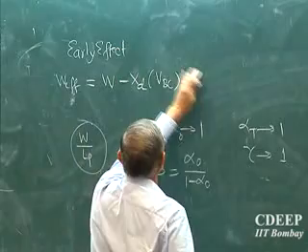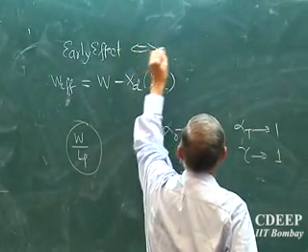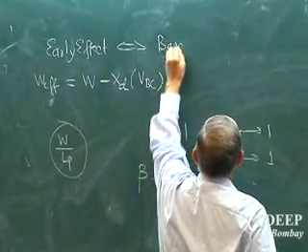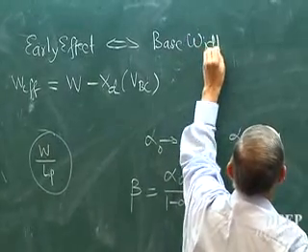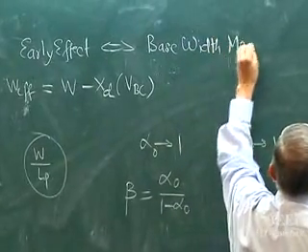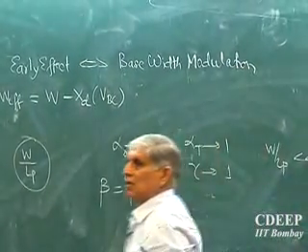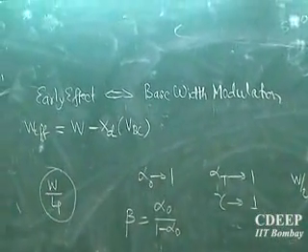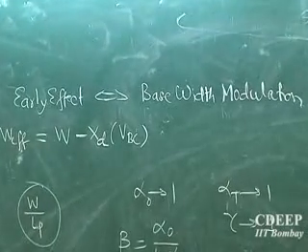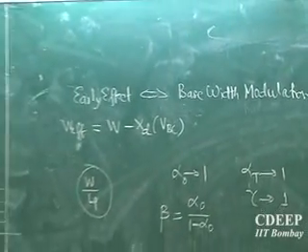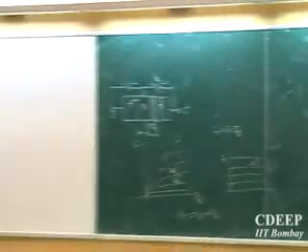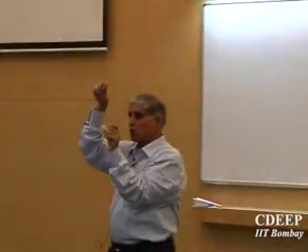And if you want to know the physics, the name for it is base width modulation. The base width gets changed, meaning modulated. Modulated means modified, changed. Why is it called modulated? VBC is the control which is changing the base width, so we are modulating it by changing VBC.